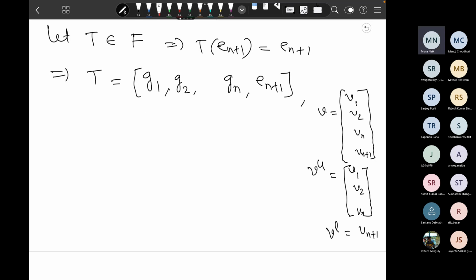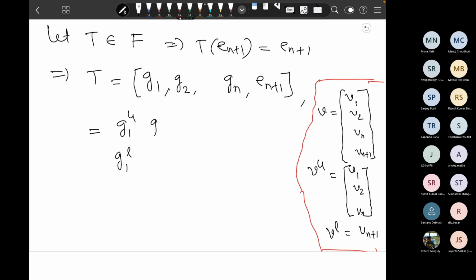I will use this notation. So T is equal to the matrix with columns g1U, g1L, g2U, g2L, ..., gnU, gnL, and the last row 0, 1.